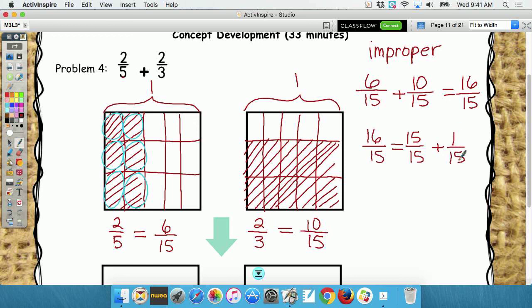And this is how they write it on Zern. They'll do 1 whole plus 1/15 equals 1 and 1/15. So circle that for your answer.